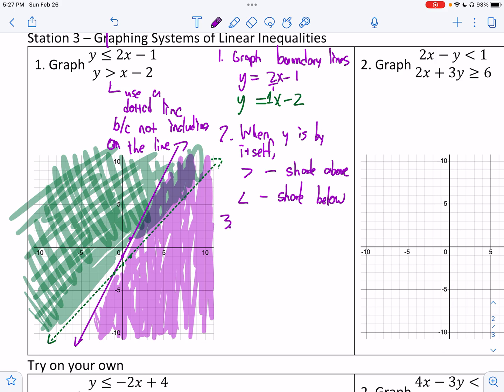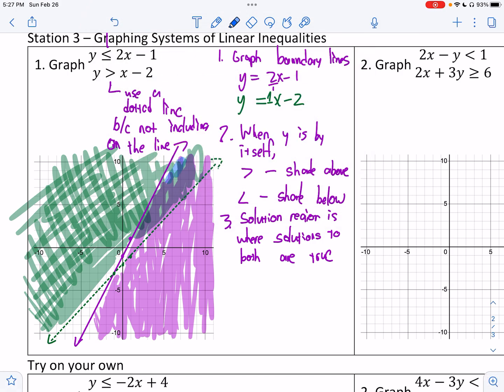And then my solution region is where the solutions to both inequalities are true. That's going to be where both parts are highlighted. So I'll go over this again.